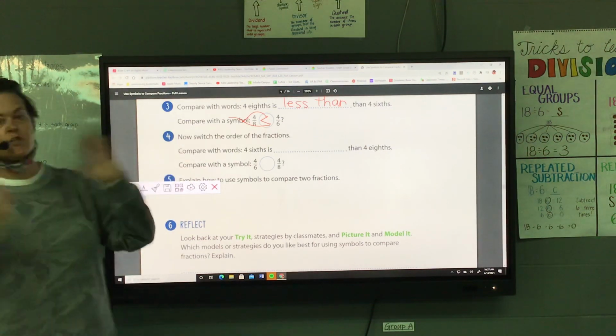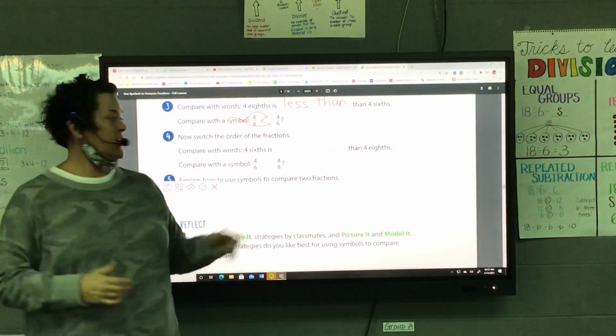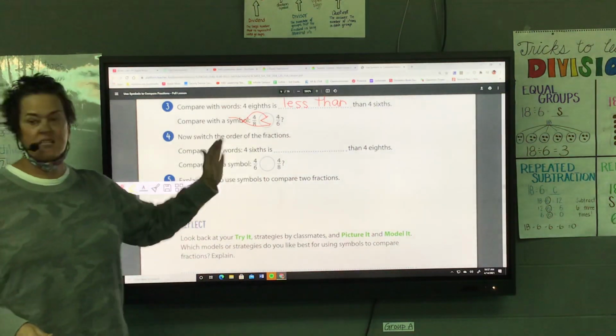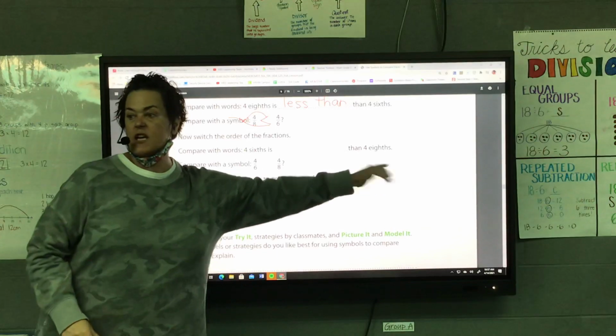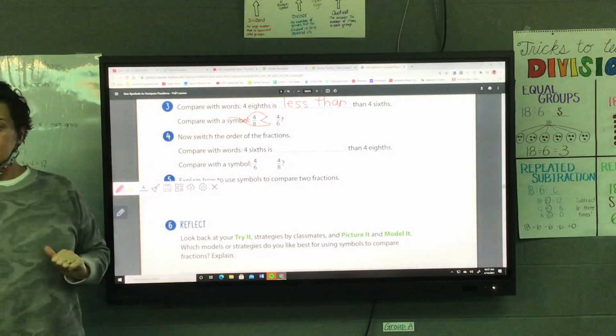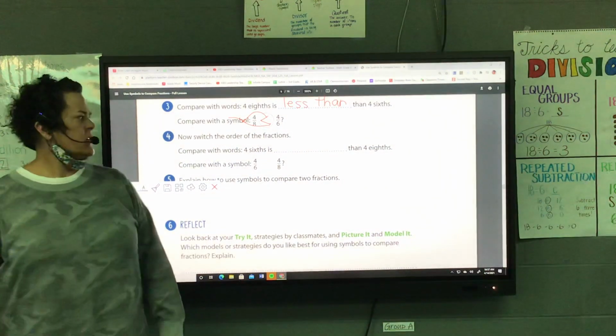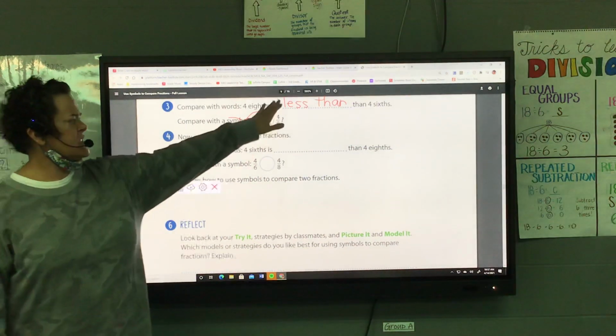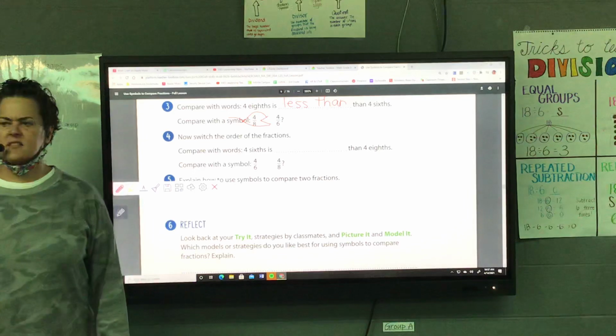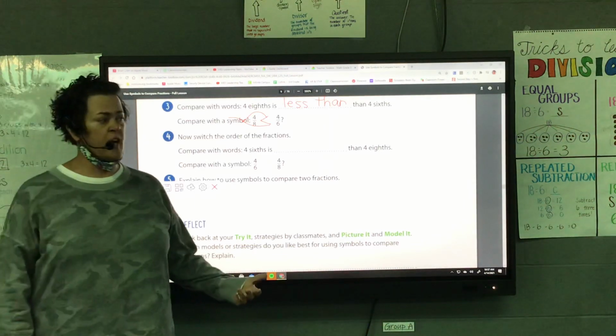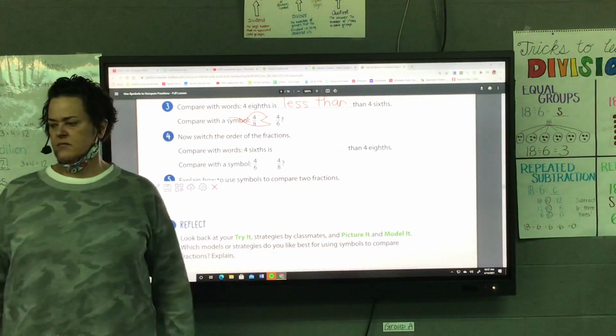Okay, so now we're going to switch the order of those two fractions. Now we're going to say 4/6, and over here, 4/8. 4/6 is, is it still less than 4/8? Is it greater than 4/8, or is it equal to now?